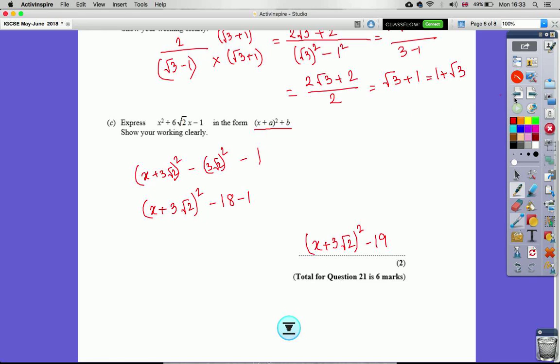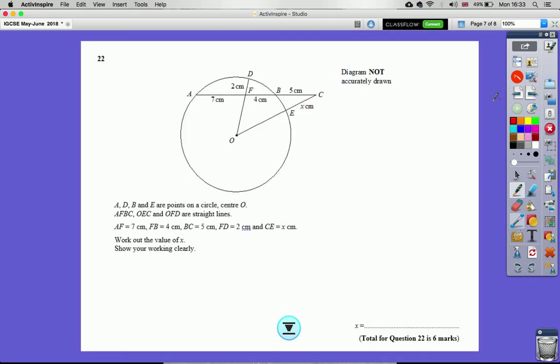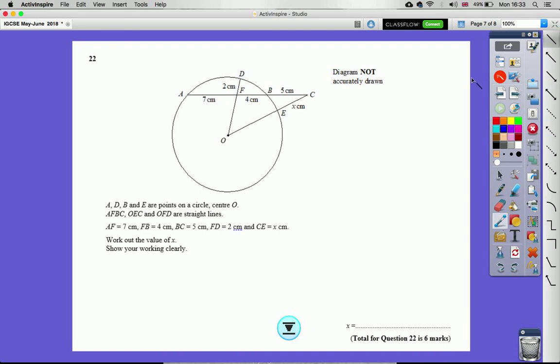Okay, now we come to the last question, question number 22. Now in this question, we have to use the concept of intersecting chords theorem. So I'm going to do some constructions here. If I extend this line, that becomes the diameter.